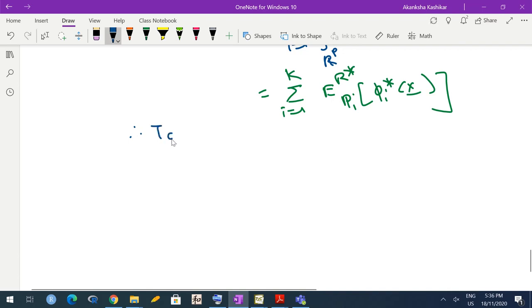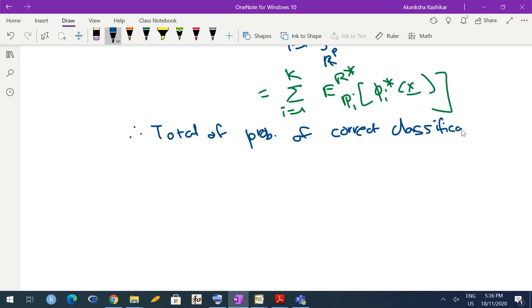Therefore, the total probability of correct classification is maximized under R star.